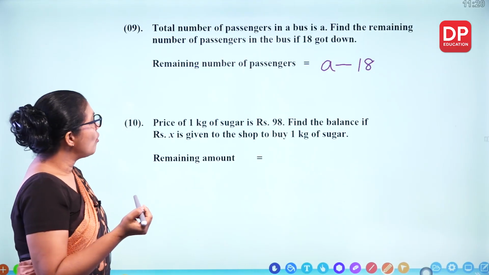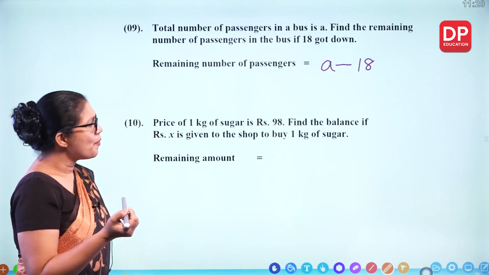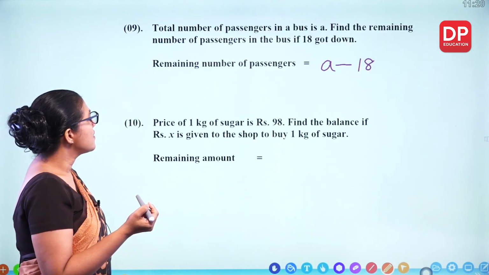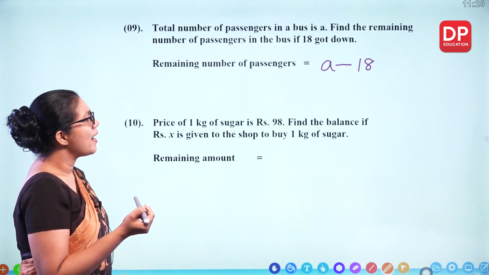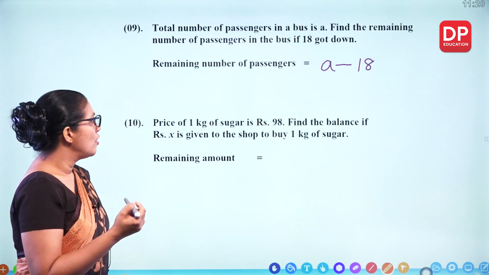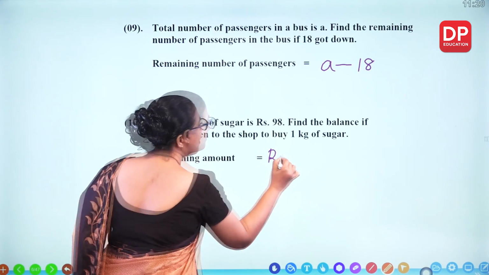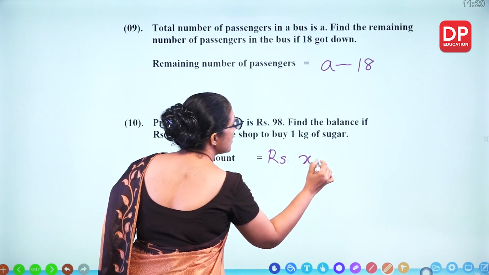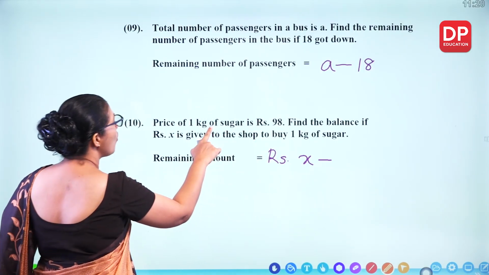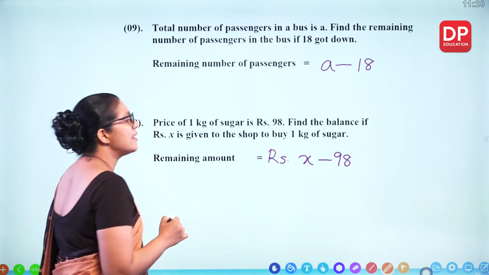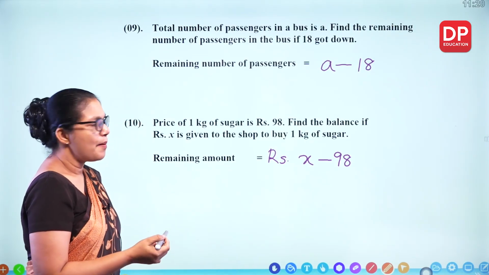Price of 1 kilo of sugar is 98 rupees. Find the balance if X rupees is given to the shop to buy 1 kilo of sugar. So the remaining is, you gave X rupees, and 1 kilo of sugar is 98 rupees. So X minus 98 rupees is the balance.